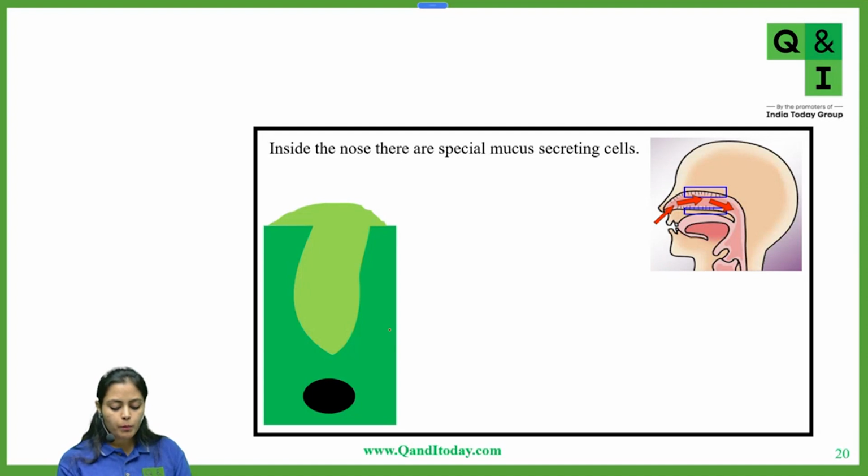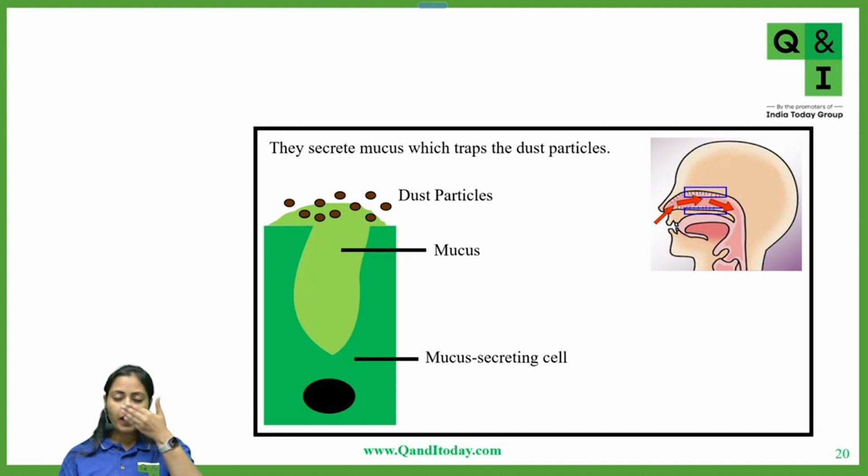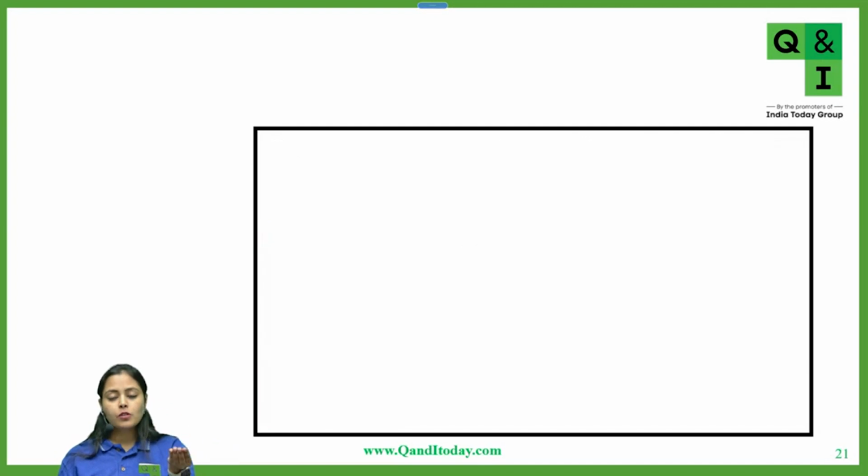That's a mucus secreting cell which is shown to you here, and the green colored liquid shown at the top is the mucus. So this nasal cavity is lined by hair, and it is also lined by mucus secreting cells from which mucus is continuously secreted. Okay. Now this mucus will trap all the dust particles which are entering inside your nose, and also any microbes or pathogens which might enter inside your nose by chance.